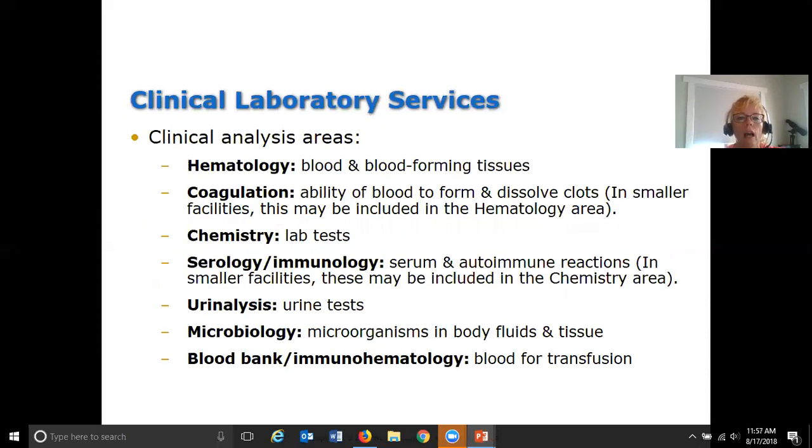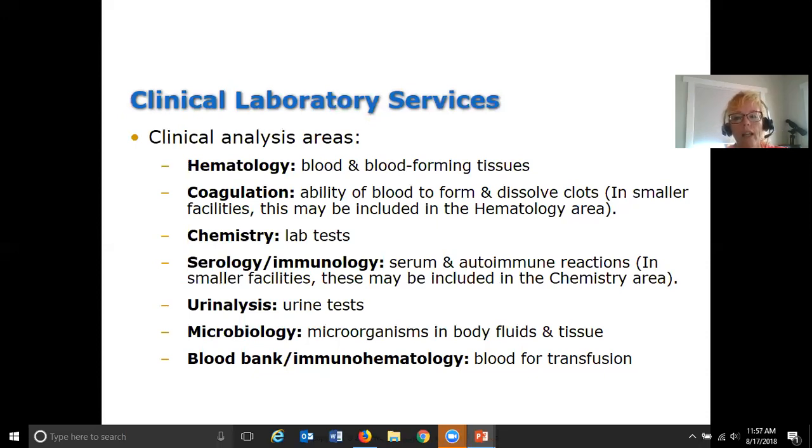So in the clinical lab, you can see what the clinical analysis areas are, and I'm going to pronounce them for you so you hear the words at least once, but please take the time to go ahead and practice saying them yourself. The clinical analysis areas are hematology, coagulation, chemistry, serology and immunology, urinalysis, microbiology, blood bank, and immunohematology.